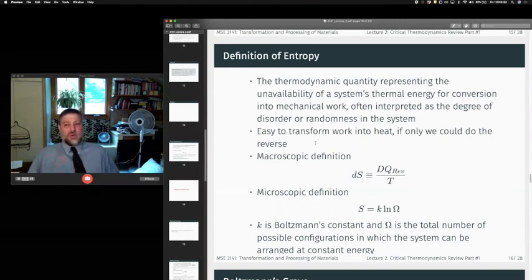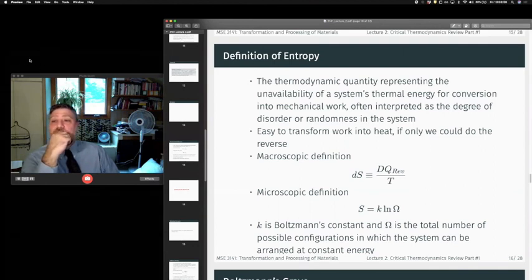So, dumb question. What is a steam engine, right? Well, you are converting heat into work there, but there's a limit to how much work you can get out of a steam engine.